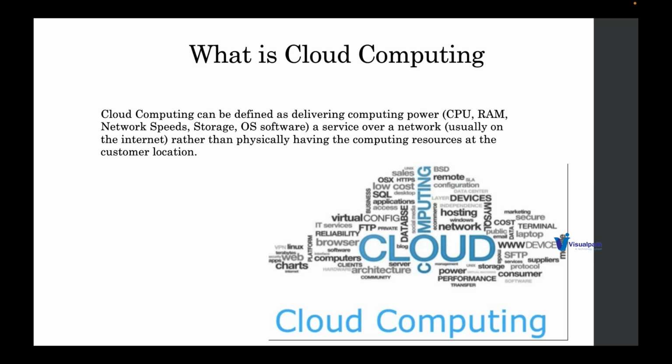So in a simple way, cloud computing can be defined as delivering computing power like CPU, RAM, network, storage, or an operating system as a service over a network, right? All these services you'll be accessing and managing over the internet, rather than having this infrastructure in your premises. So this is a brief about cloud computing.